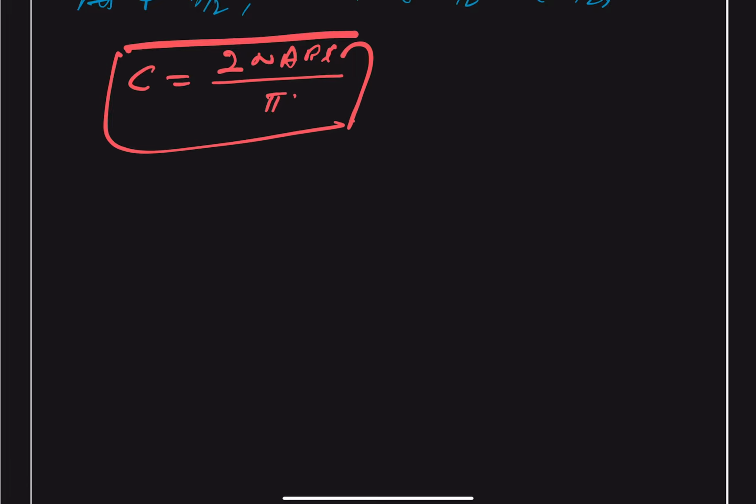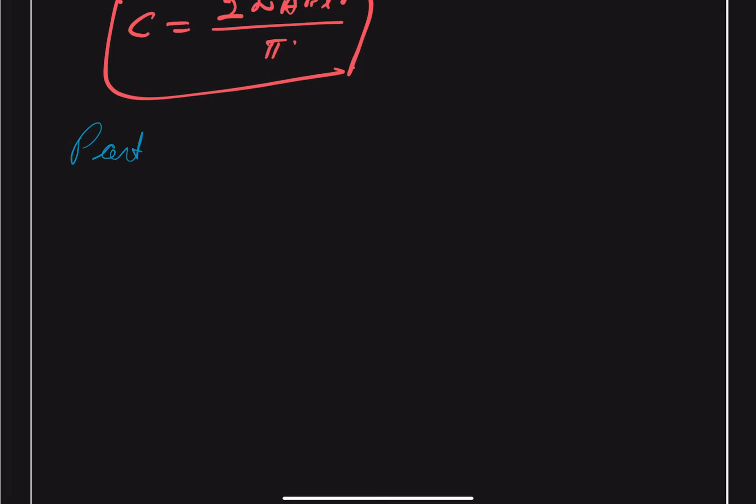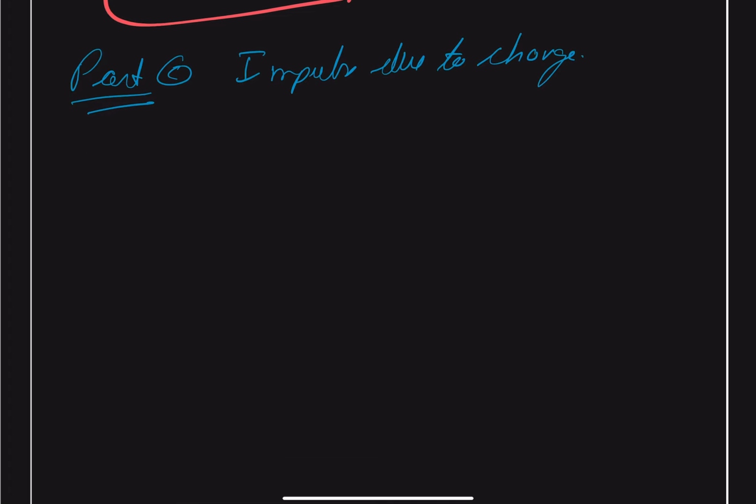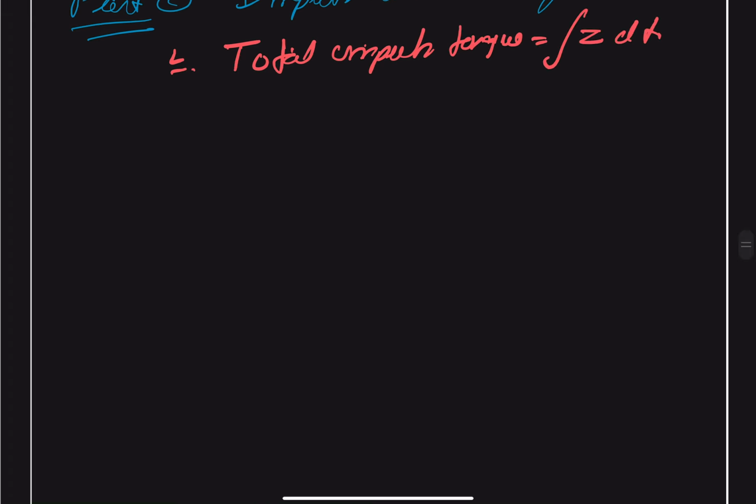And we finally come to part C. And in part C, it says that when charge Q is passed suddenly, therefore you can say that impulse due to charge, we can write it as total impulse torque will be equal to integration tau dt, and we already know that our tau is equal to NIAB, and we also know our current is equal to dq by dt.